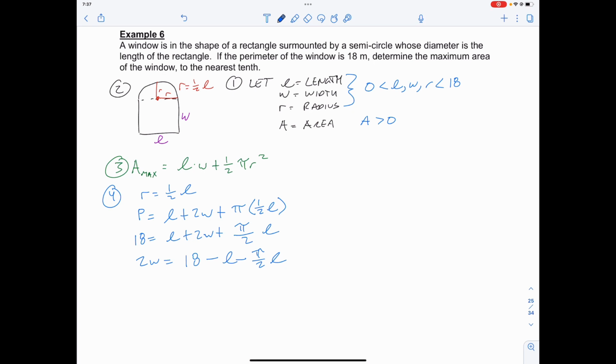When I divide by 2, I'm going to wind up getting 9 minus 1/2 a length, and then minus pi over 4 lengths.